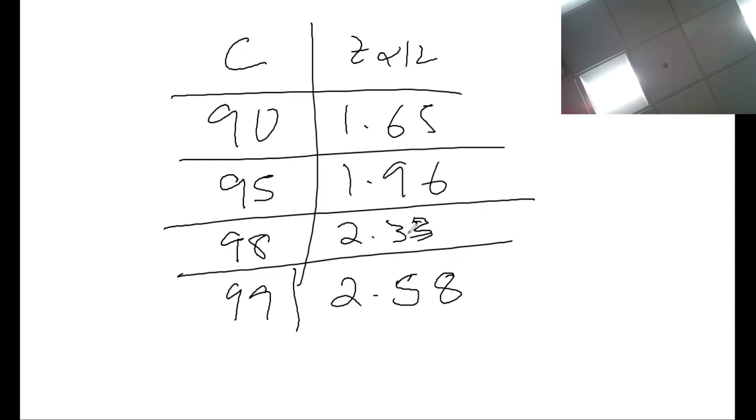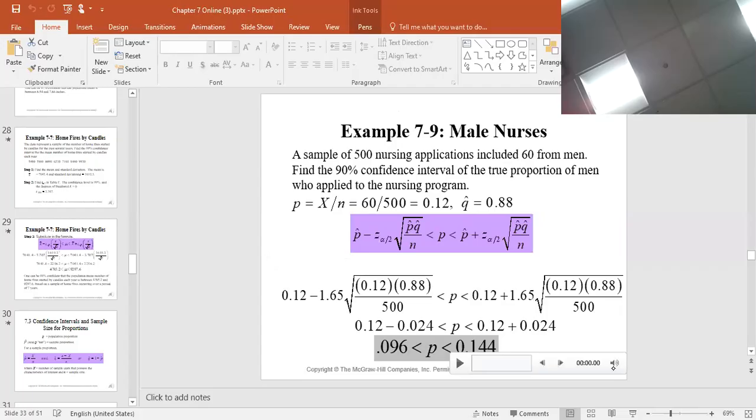So we are going to subtract it from 0.12, and add it to 0.12. You get the confidence interval for the proportion.